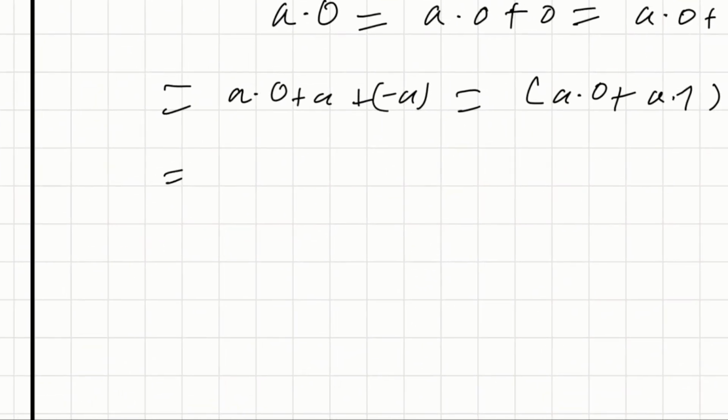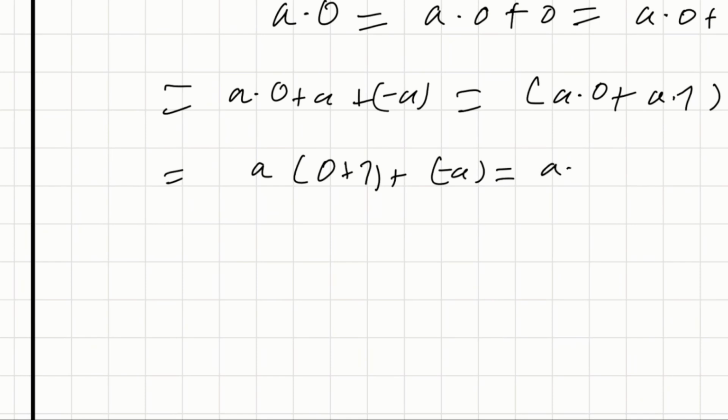So you now could factorize this. This gives us a times (0 plus 1) plus minus a, and a times 1 plus minus a gives us a plus minus a. So you got rid of the 0, and this is equal to 0.